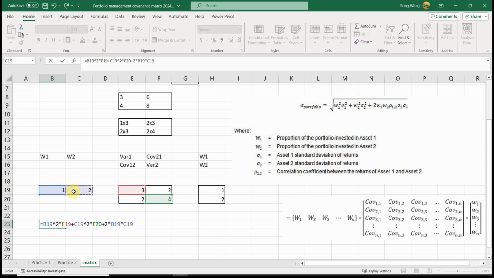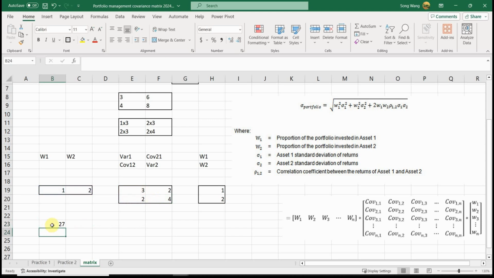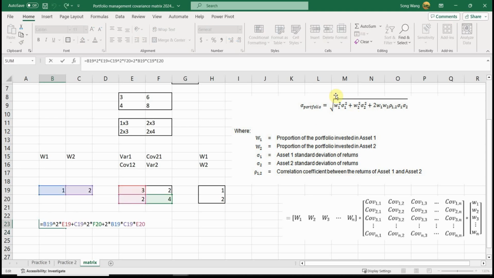I know they should add up to 100%, but let's just give you random numbers for easy illustration. And the covariance should be 2. So the number is 27 if you follow the formula to do it.